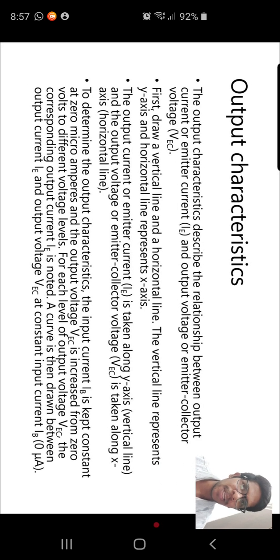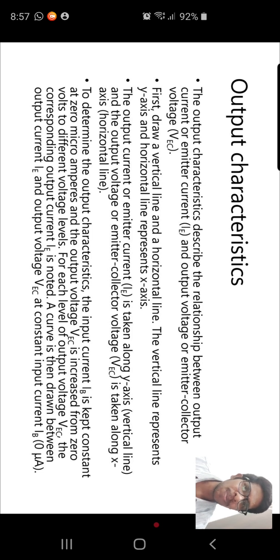Let us discuss about output characteristics. The output characteristic describes the relation between output current, emitter current IE, and output voltage, emitter-collector voltage VEC. First draw a vertical line and a horizontal line. The vertical line represents the y-axis and the horizontal line represents the x-axis. The output current IE is taken along the y-axis and the output voltage VEC is taken along the x-axis.